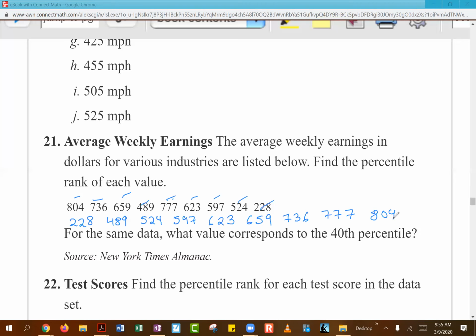So this one, of course, is talking about the average weekly earnings in dollars for different types of industries. So now we're calculating the 40th percentile. So how many total data values do we have? 9, right? Okay, so this guy is number 21.